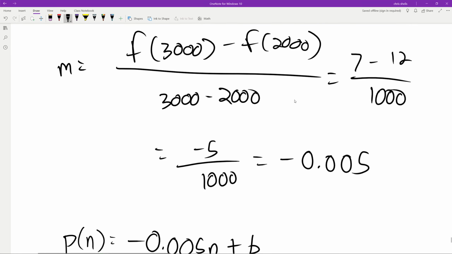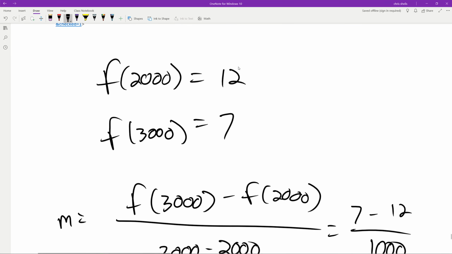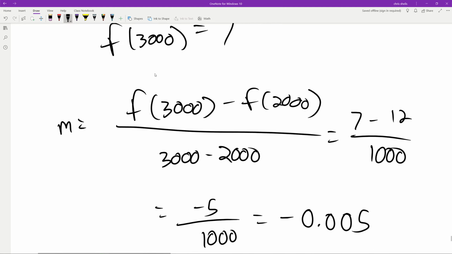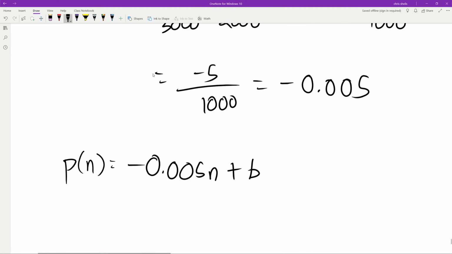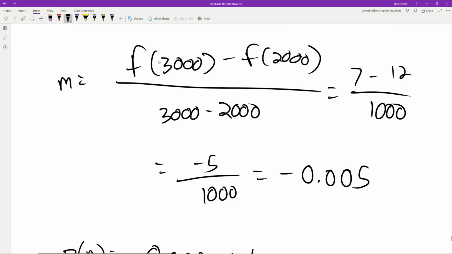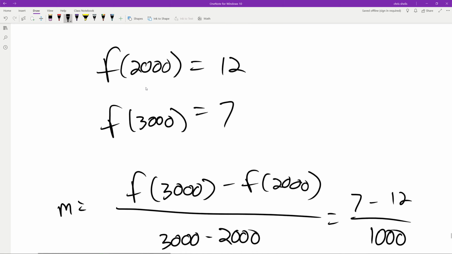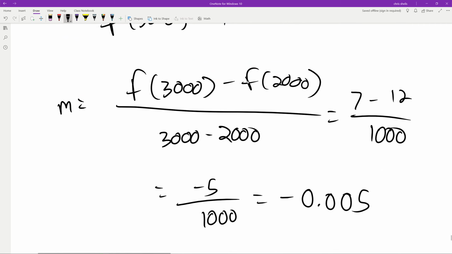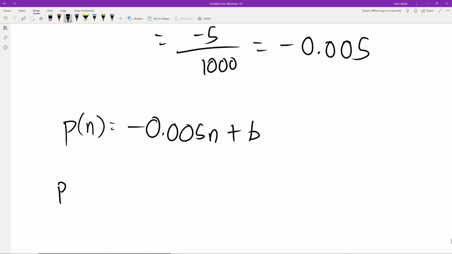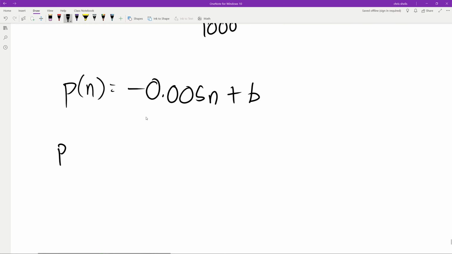So I have to choose one of these bits of information to plug in. Maybe this f of 2,000 equals 12. In other words, I guess I should have had P of 2,000, right? Really, because this is P of N, but I'm sure y'all understand what is going on still.